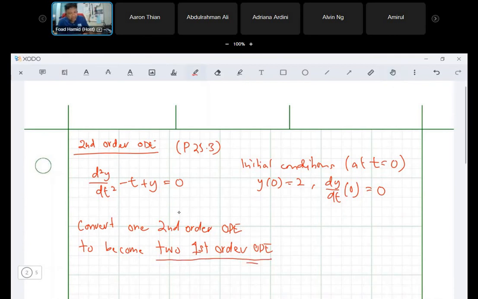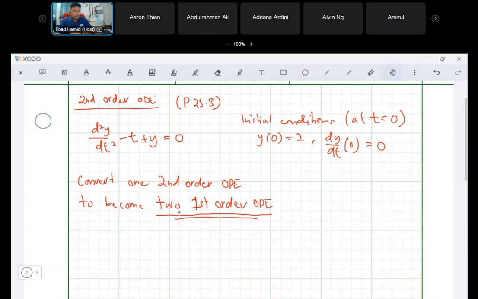This one, we know how to solve. So let's reduce the order here.